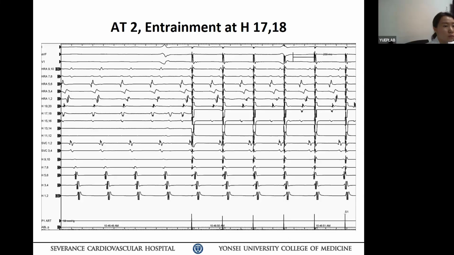Yeah, that one. Probably you pace duodecapolar 17, 18, right? Then if you would like to do entrainment pacing, you need to set the sensing at the pacing electrode, and then set the delay as the tachycardia cycle length or zero. You pace over there.